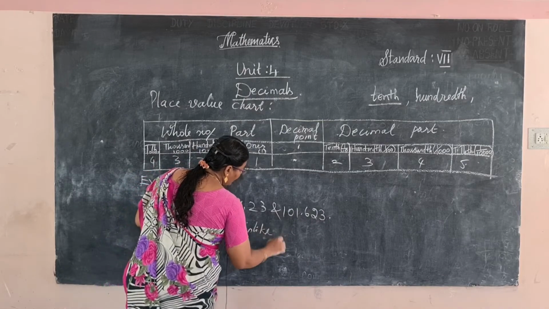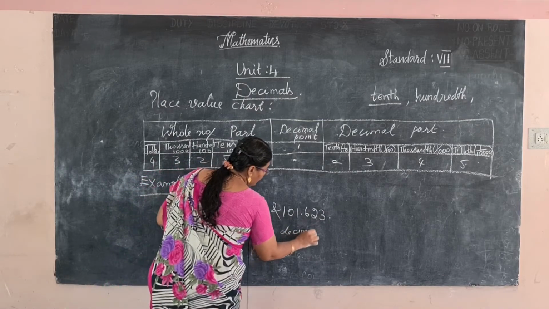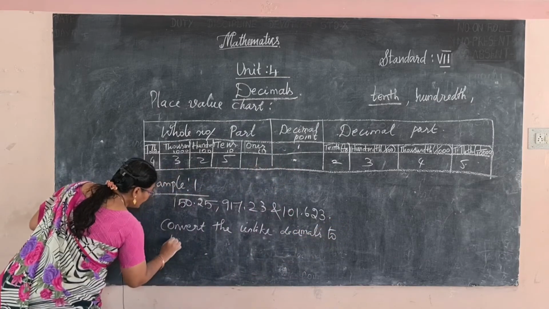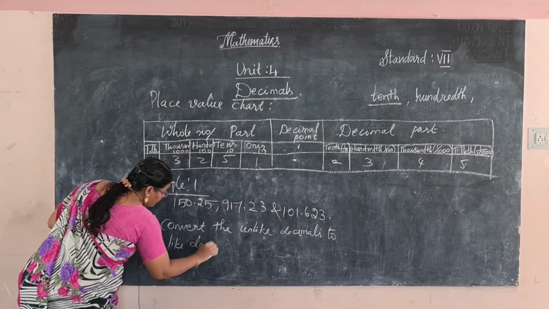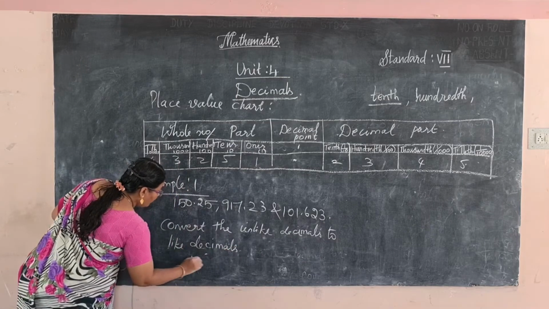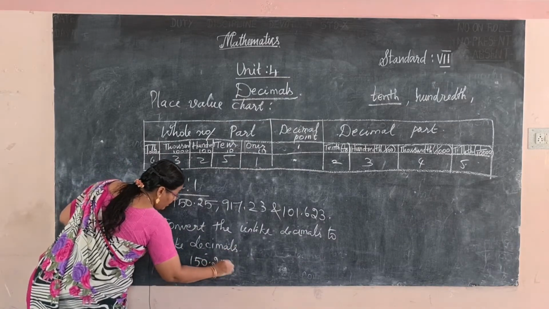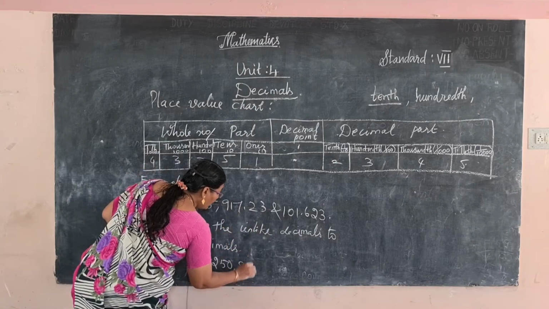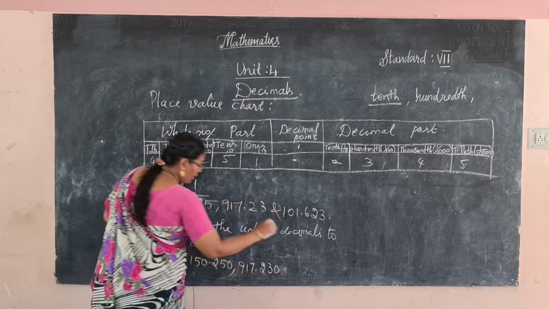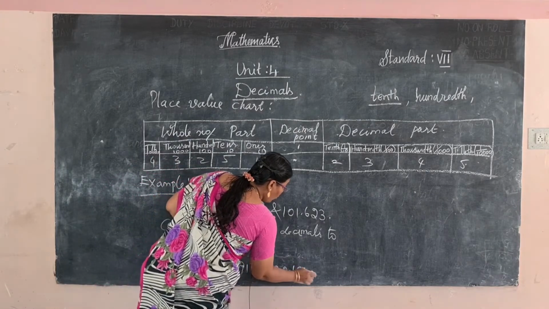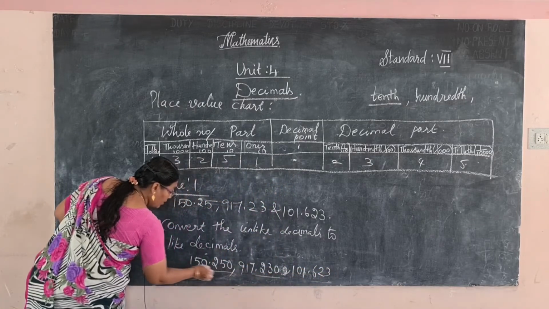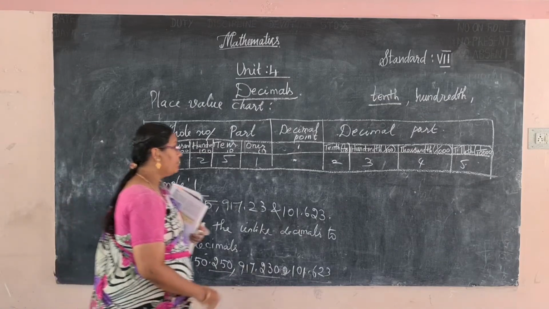Converting unlike decimals to like decimals, we change them to 150.250, 917.230 and 101.623. Now after the decimal point there are three decimal places.